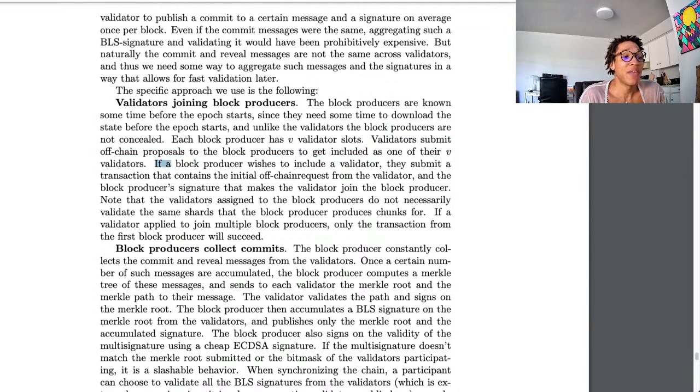But anyways, if a block producer wishes to include a validator, they submit a transaction that contains the initial off-chain request from the validator and the block producer's signature that makes the validator join the block producer. Note that the validators assigned to the block producers do not necessarily validate the same shards that the block producer produces chunks for.